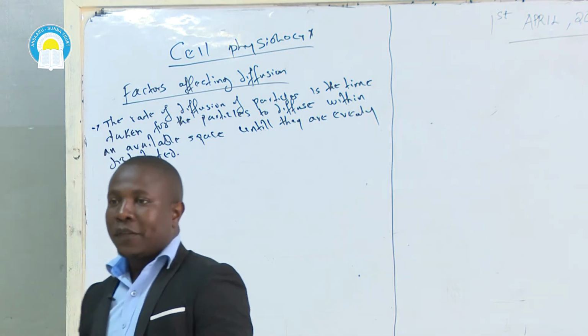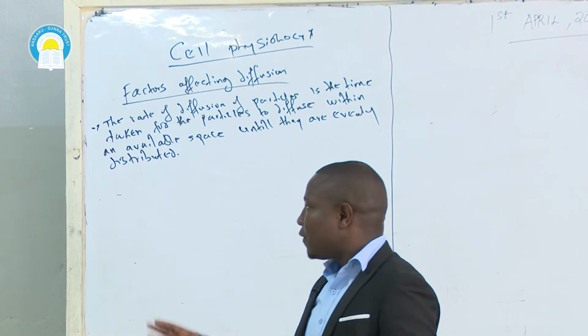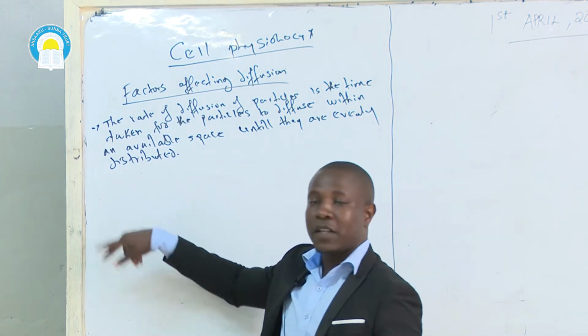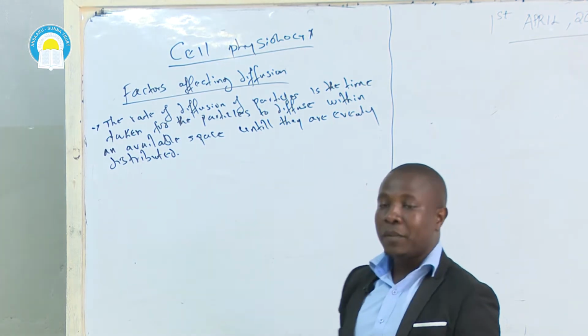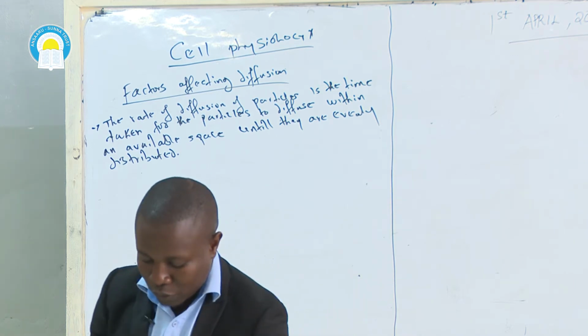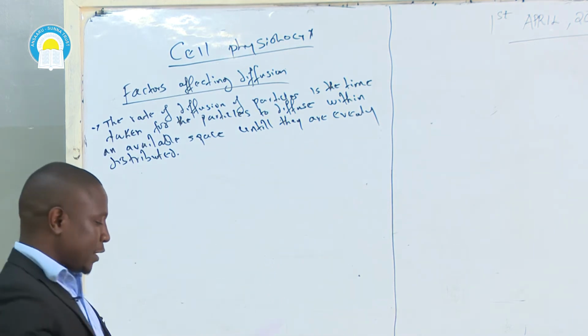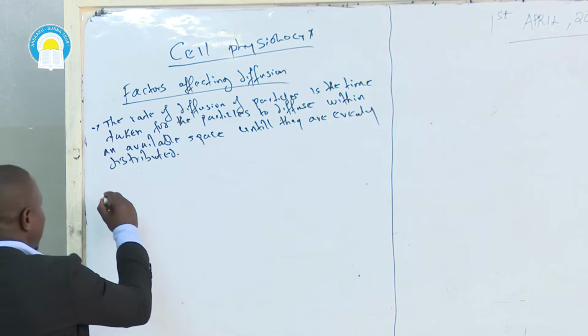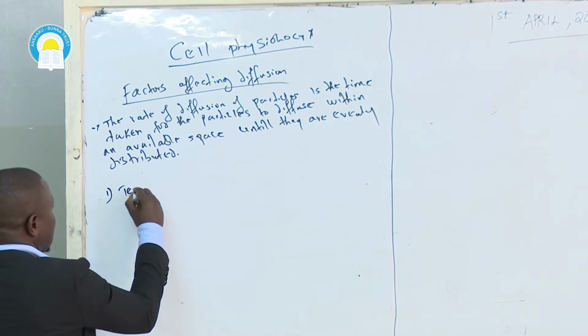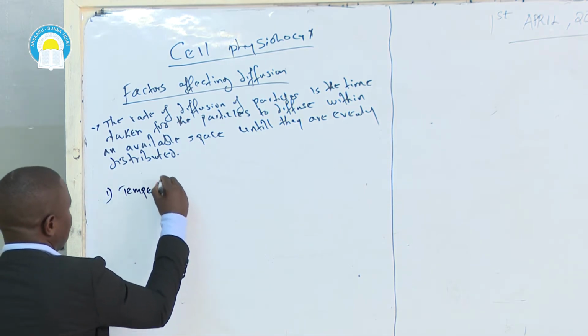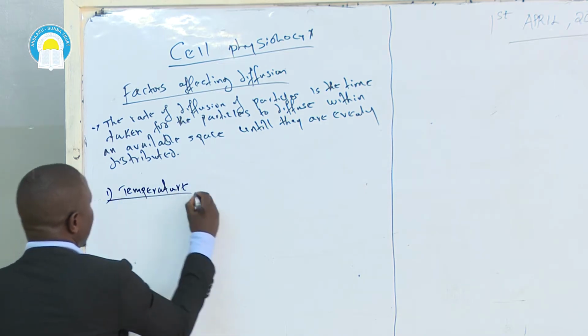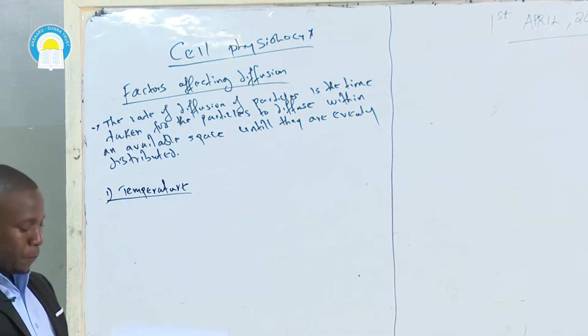Same to the thickness of the membrane: if the membrane is thick, what is going to take place, and when the membrane is thin, what is going to take place. Factor number one is temperature.